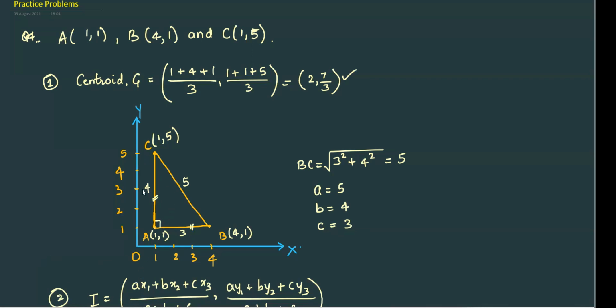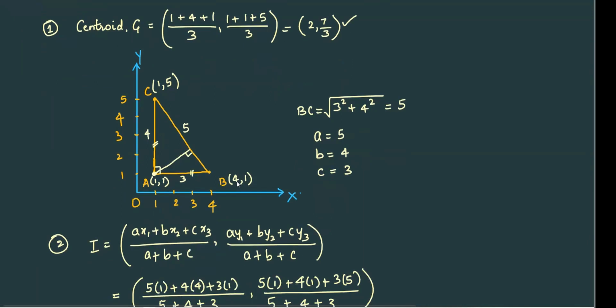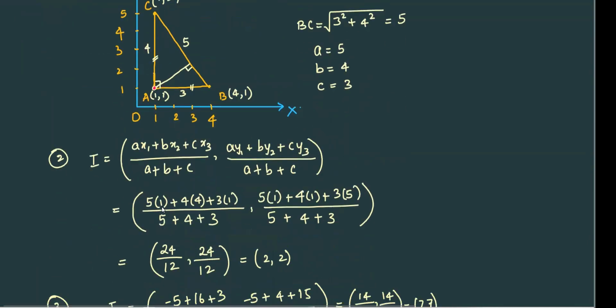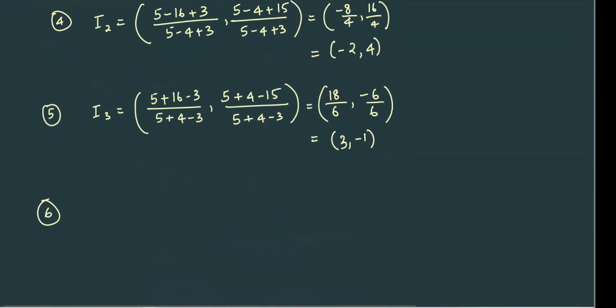Now, two altitudes are intersecting at A, so the third altitude will also intersect at A. So in a right angle triangle, the orthocenter is the vertex that contains the right angle. So A(1, 1) is the orthocenter. So without using that formula, we use this.